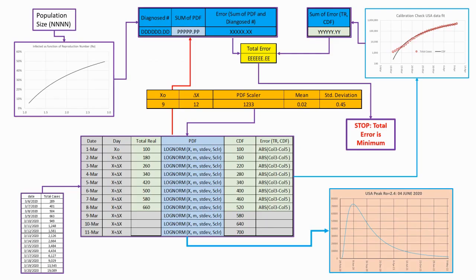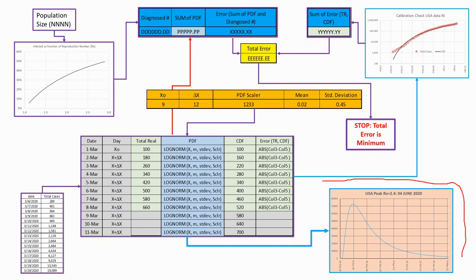Okay, this is the model that I created to solve basically for this product right here. I'm using the Excel Solver function and the Excel LOGNORM distribution function. Those are the two key functions.